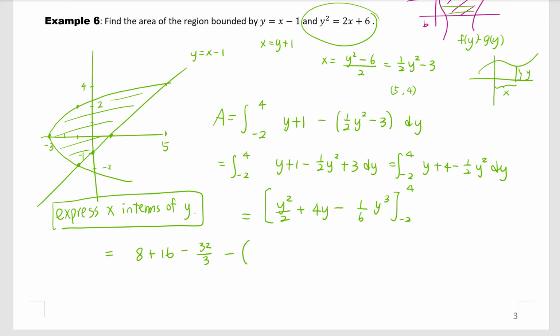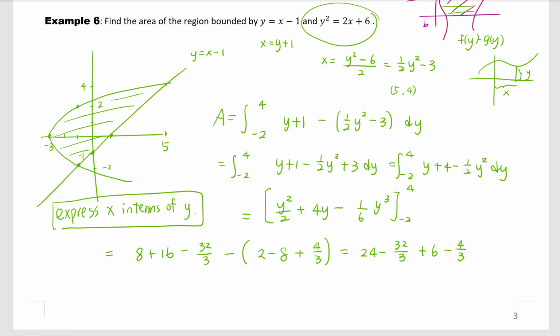Minus, we plug in -2. -2 squared is 4, 4 over 2 is 2. -2 times 4 is -8. -2 cubed is -8, negatives cancel. So 8 over 6 is the same as 4 over 3. So 8 plus 16 is 24, minus 32 over 3, minus, 2 minus 8 is -6, minus becomes positive 6, and minus 4 over 3.